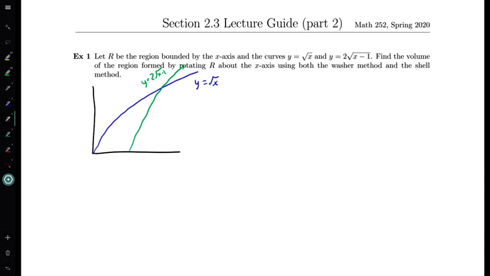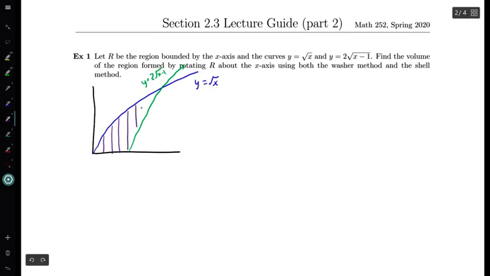Maybe we want to think about which method we would prefer to use first. I want to compute the area of this region. What variable would I prefer to use? I want to think about drawing a bunch of vertical lines and a bunch of horizontal lines. Let's trace some vertical lines first. On the left here, I'm bounded from above by the blue curve and from below by the axis.